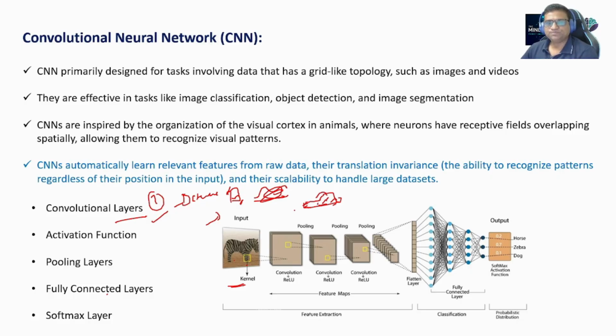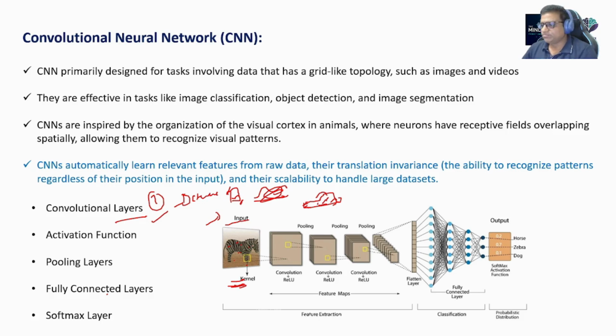Suppose you're sitting in a room in complete darkness and you use a flashlight. You don't see the whole room immediately. You scan each object in that room, like chair, table, etc. Then your brain combines those observations, and that's exactly what the convolutional layer does. It scans small regions of the image and extracts useful patterns.